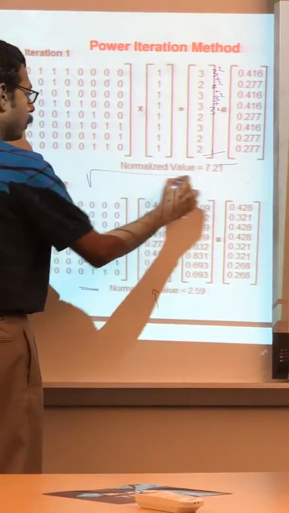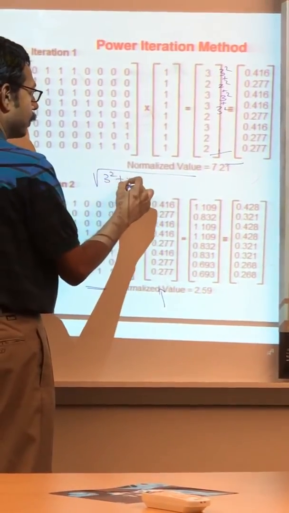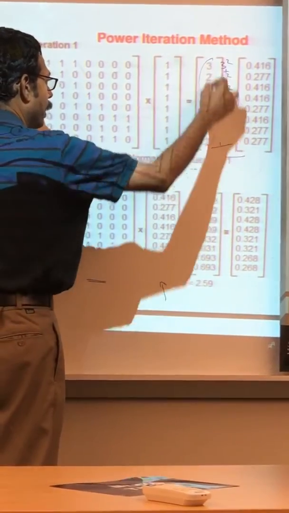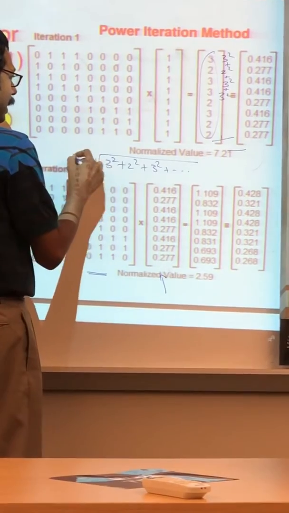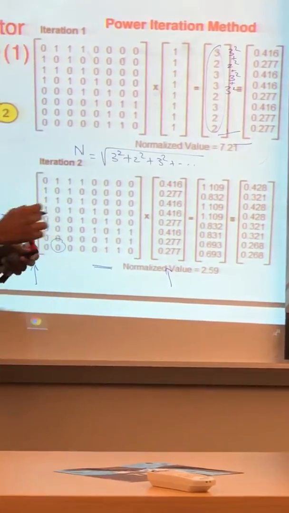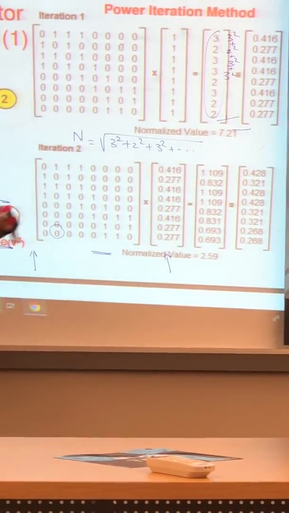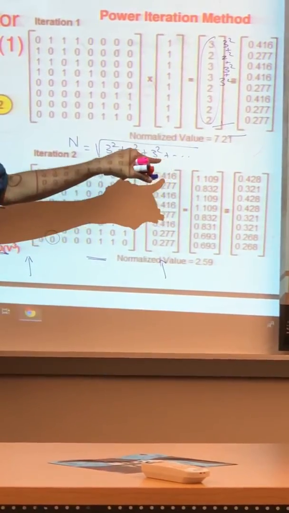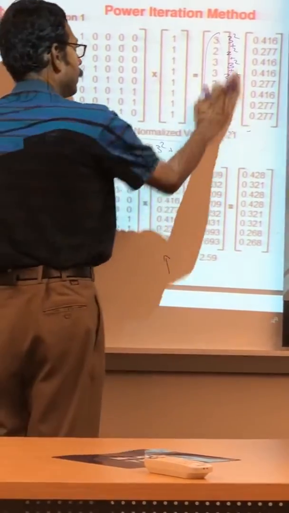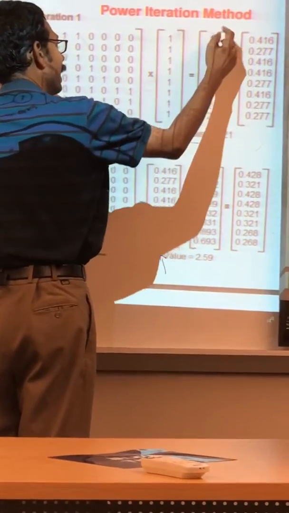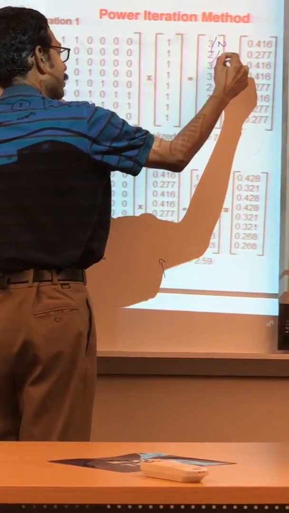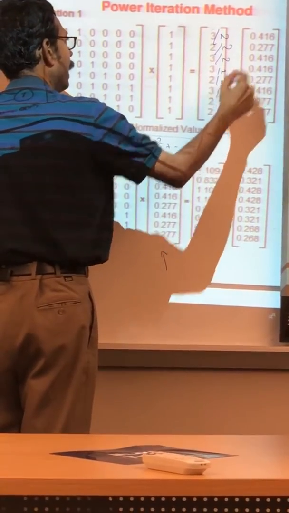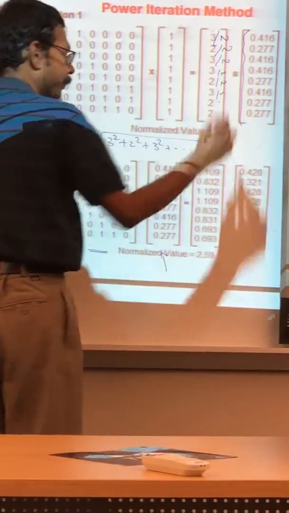So it's a square root of 3 square plus 2 square plus 3 square and all these values. So let us say that comes out to be some n. Sum of the square root of the sum of the squares. And then what you do is you divide each of these entries by that n. And that is these numbers.